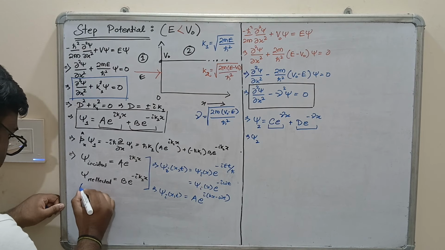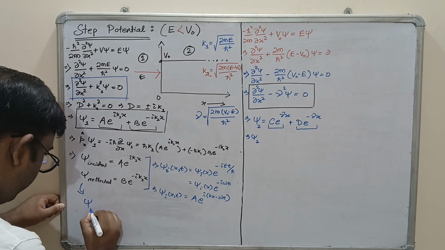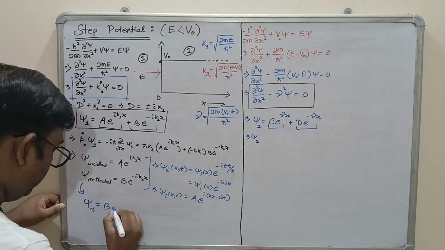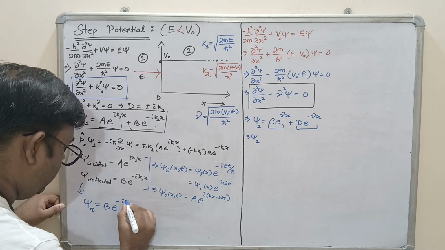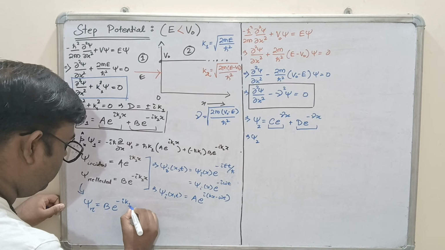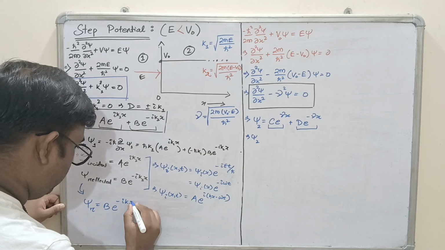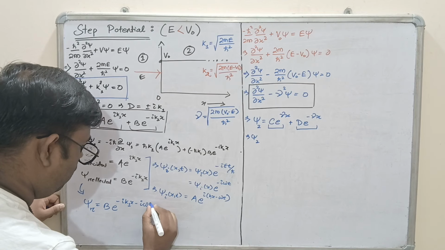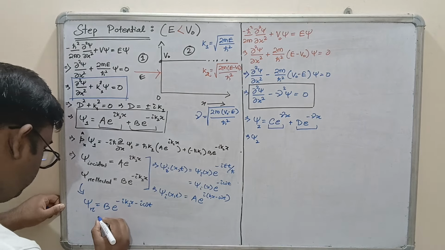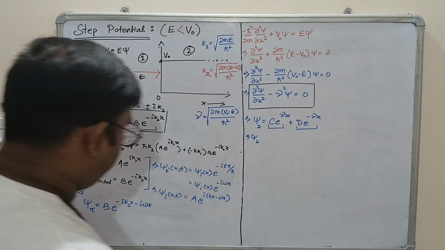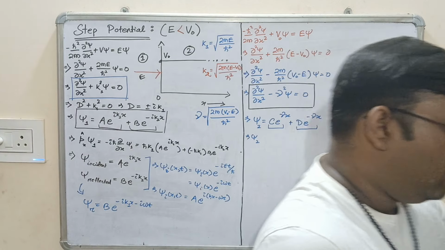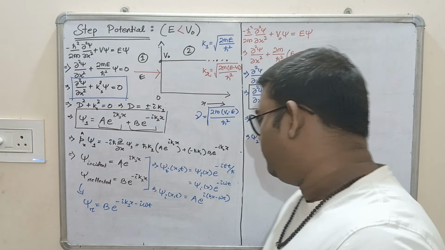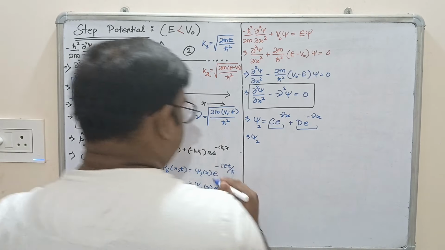And similarly, the reflected wave can also be written as b e to the power minus i(k1x minus omega t). You can also write it this way. So okay, let's come to this part.